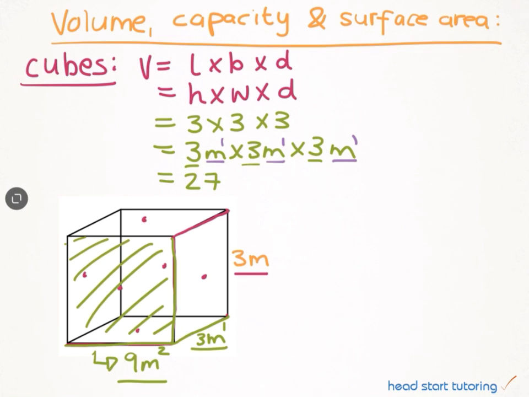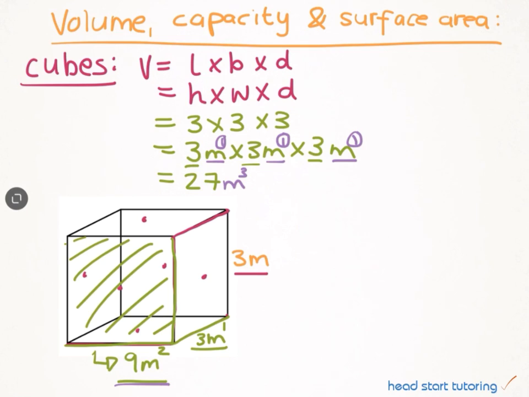And when we are multiplying measurements that are exactly the same, we just add those powers together. So meters times meters will be meters squared, which is what we use with area, like we did there. But now we are working with volume, so your measurement is going to be cubed, because meters times meters is meters squared, and meters squared times meters to the power of 1 is equal to meters cubed.